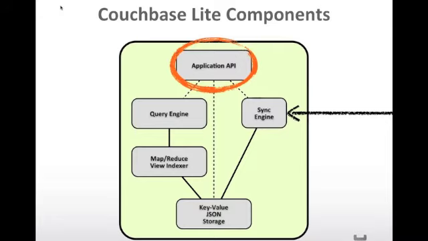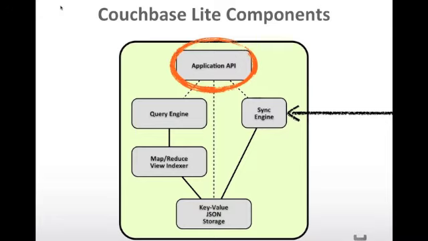And then there's the application API. We don't think of Couchbase Lite as being multi-platform as really at the top of the list, but we do think it's pretty cool that you can have the same data across all these platforms.